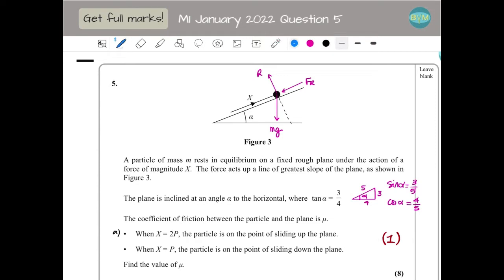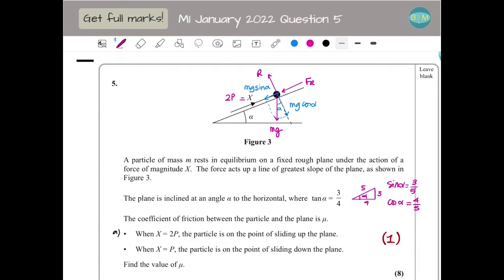This angle here is always alpha, so if I resolve parallel and perpendicular to the slope, I have here mg cos of alpha, and parallel to the slope, I have mg sine of alpha. And in this case, this is the first case, so case A, this is 2p.